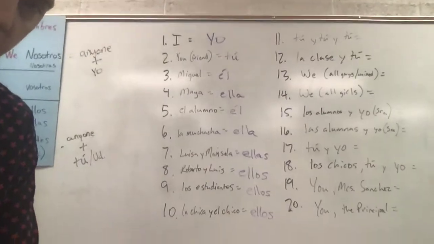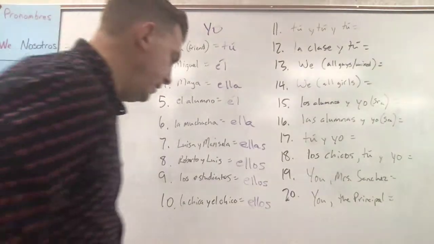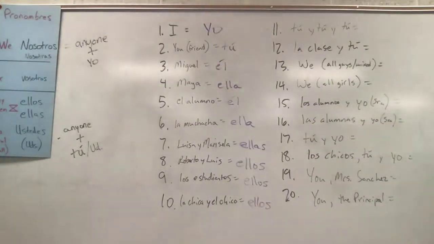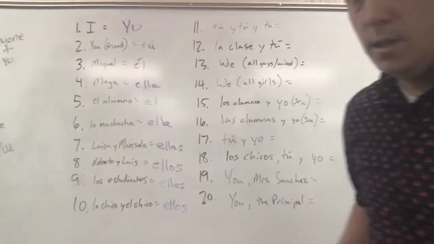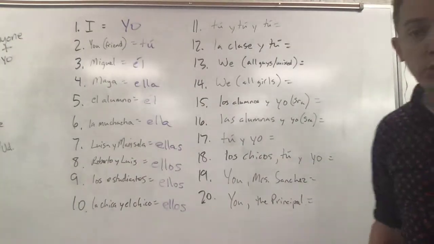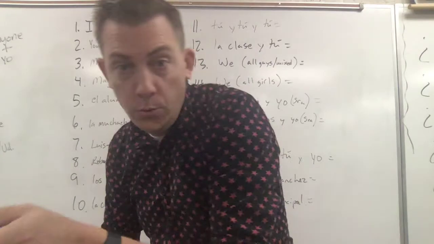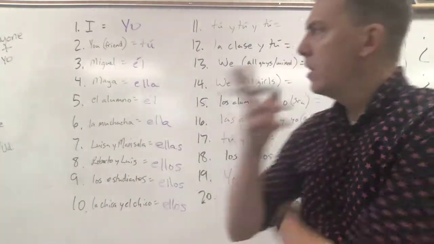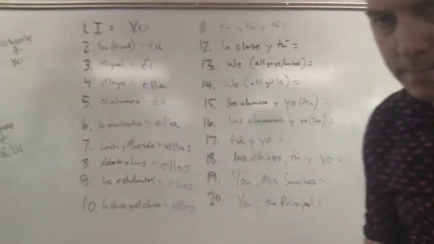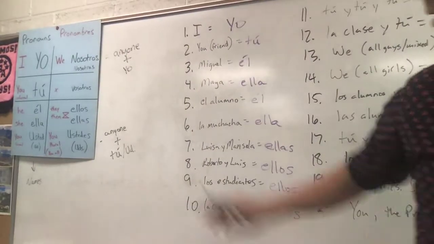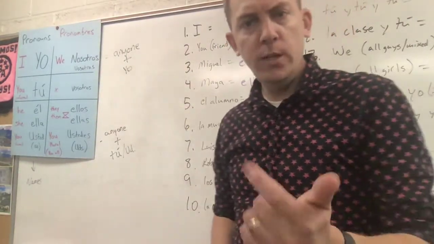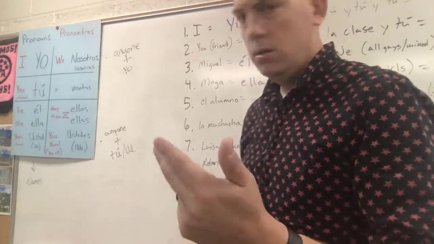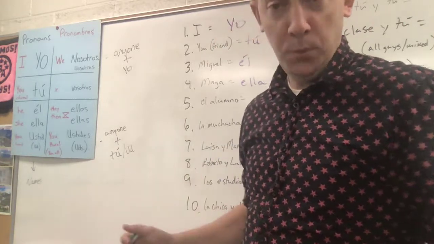All right. Now numbers 11 through 20. We're going to switch it up and use this green one here. So, tú y tú y tú. You and you and you. What's it going to be? We look at our rules again. Do I have yo in that sentence? No, it's tú y tú y tú. Okay, so it's got to be something plural.